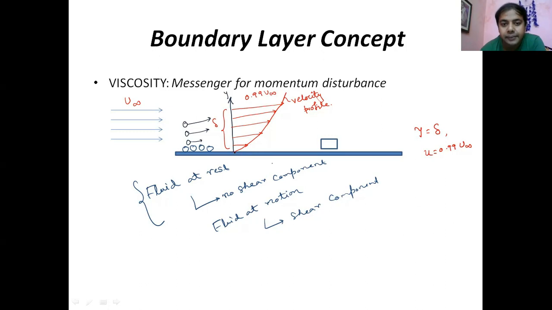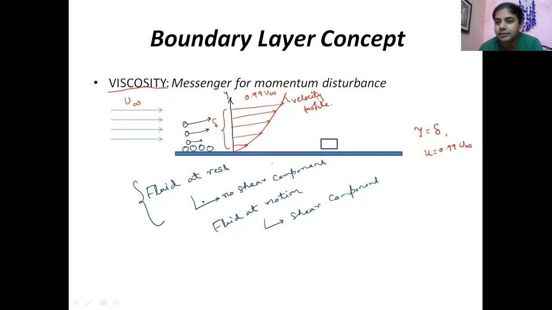It tells the next layer, the next layer tells the next, and further on. So layer by layer, the disturbance message is going, by the property whose name is viscosity. Viscosity is a messenger for momentum disturbance. It conveys the message, this property.